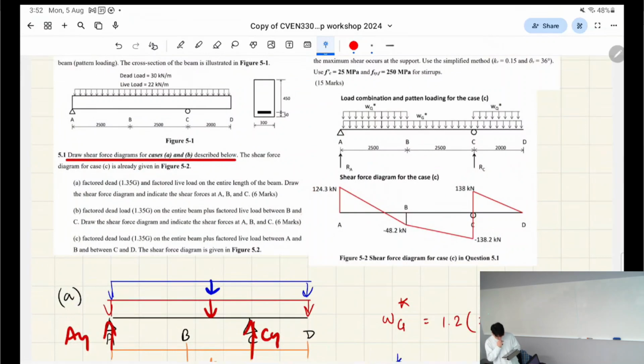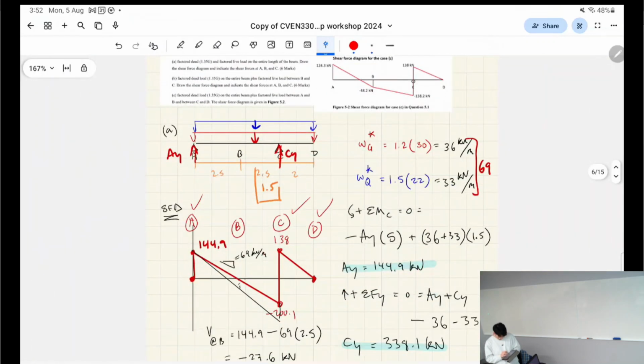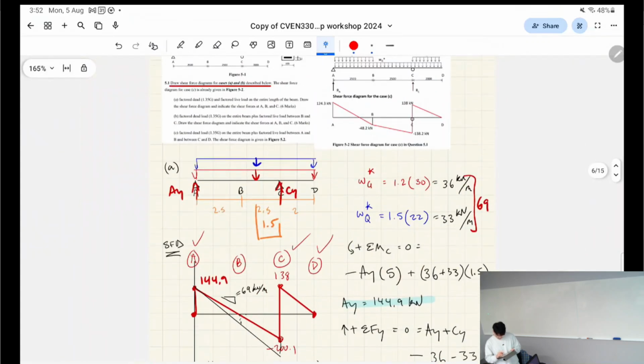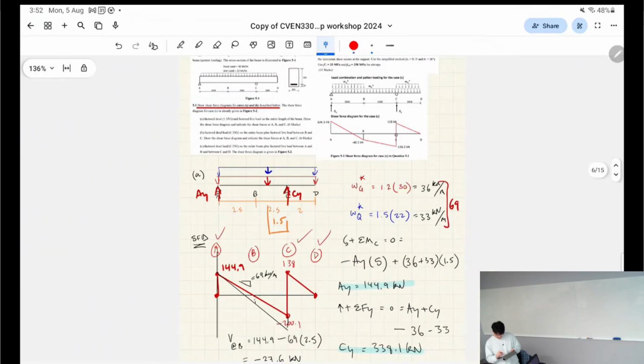So the notable things are in this case, where we have the live and dead loads acting over the entire beam, we have the highest shear forces at the supports, right? Well, it's matched here, but we have 200 is greater than 138, 145 is greater than 124, right?